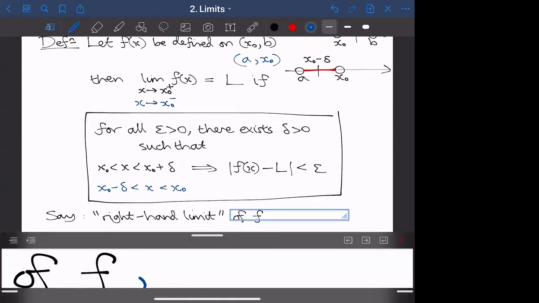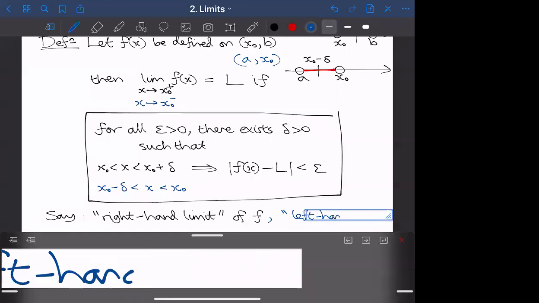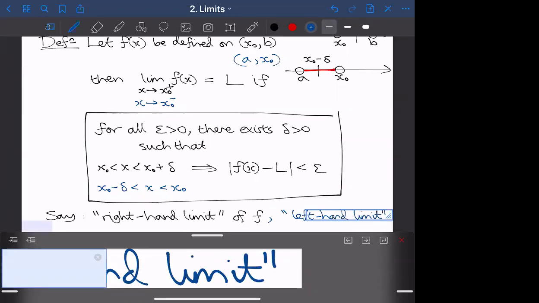And so in just the same way, we say the left-hand limit.